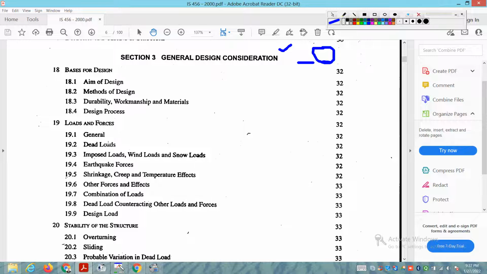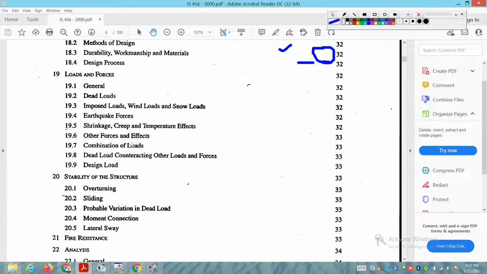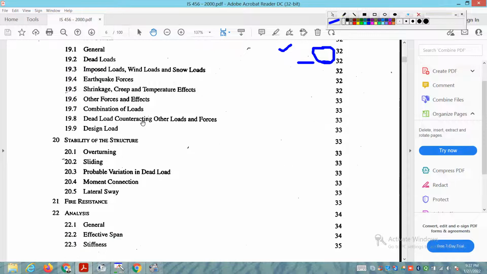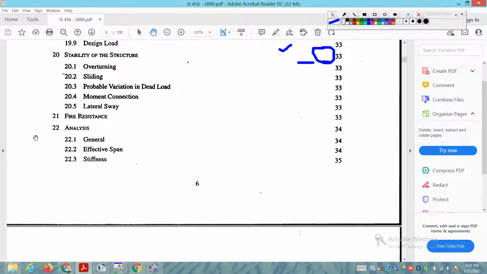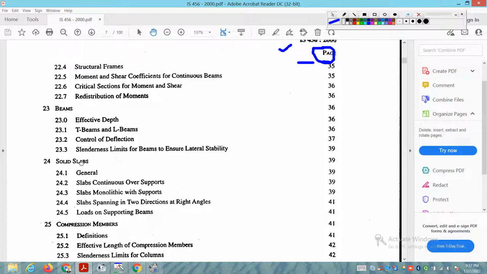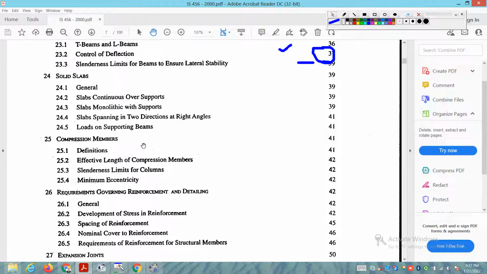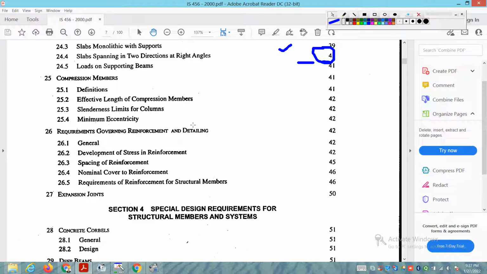Actually for loads and forces, a separate Indian Standard Code of Practice, IS 875, is there, but in IS 456 also they have given a brief overview of loads and forces to be considered during design of RCC structures, stability of the structure, fire resistance, analysis, then beams, solid slabs, compression members, requirements of governing reinforcement and detailing.